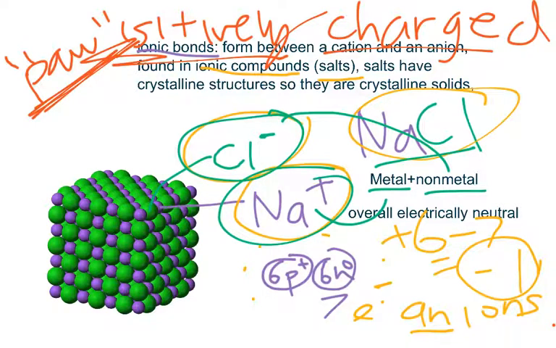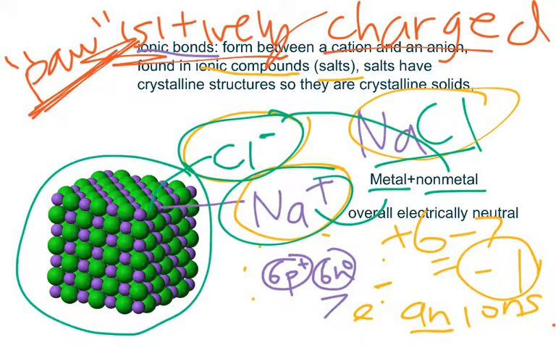So in this example, sodium chloride is arranged in a crystal structure where we have alternating sodiums and chlorides. And the reason why sodiums and chloride ions alternate is because opposite charges attract. So naturally, this positively charged sodium will want to be next to negatively charged chloride anions, and that's what makes these compounds stable.